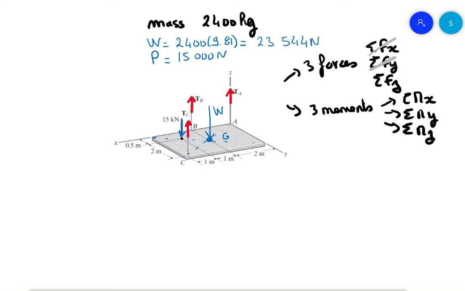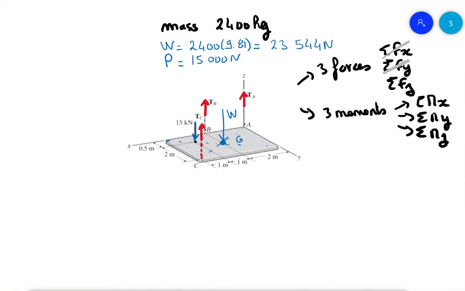If we look at TB and TA, you see those two unknowns, they are aligned with the axis X. That means that when we do the moment about X, they are not included inside this equation. So if we use the moment about X, we are able to solve for TC, the one that's going to this point. So let's do first the sum of the moment about X equals 0.